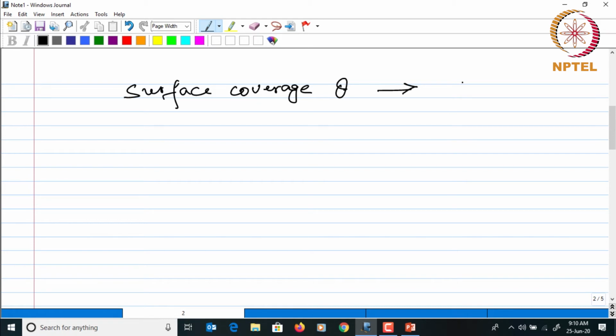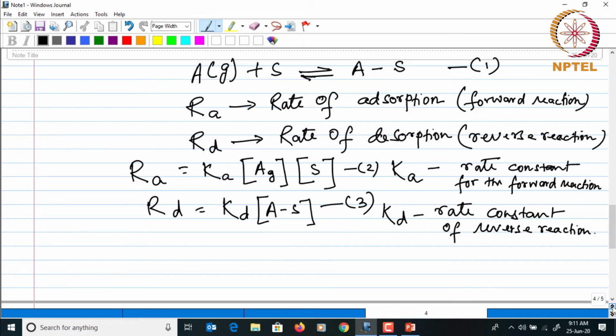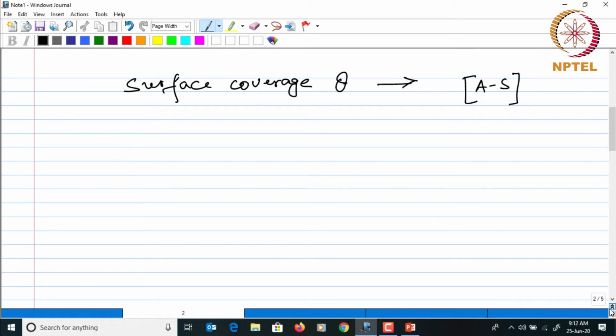So that can be given by the concentration of the adsorbed complex, this term in reaction 3, and S represents the vacant sites, and therefore the concentration of S will be given by 1 minus theta, right?